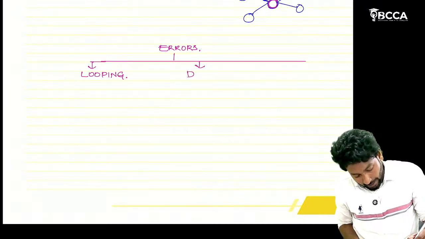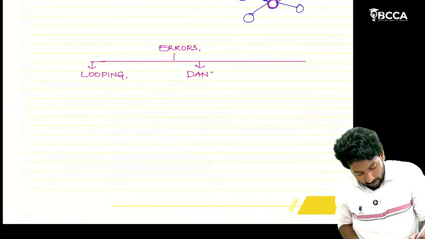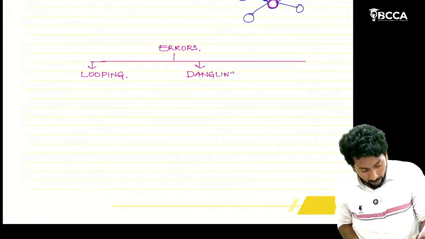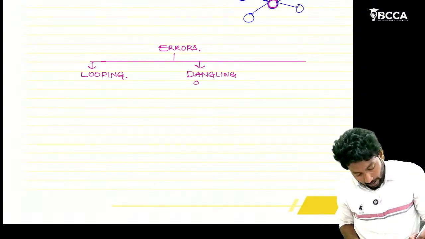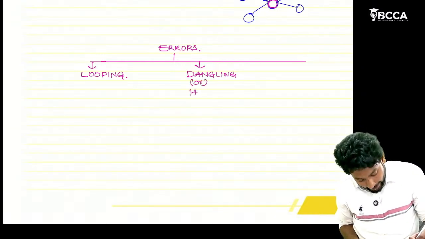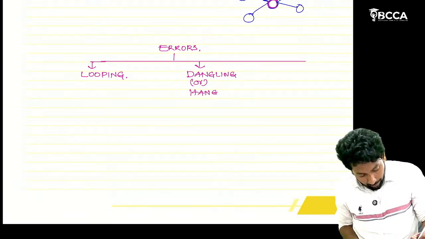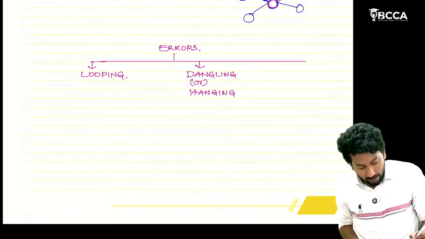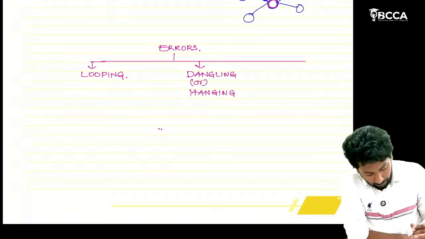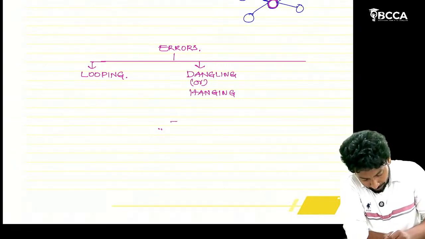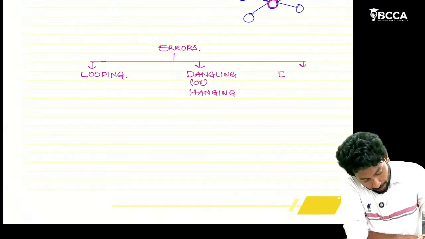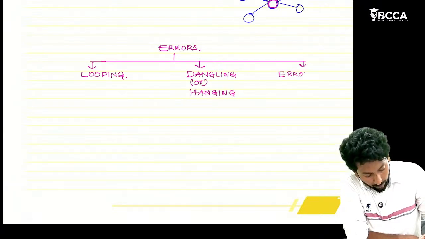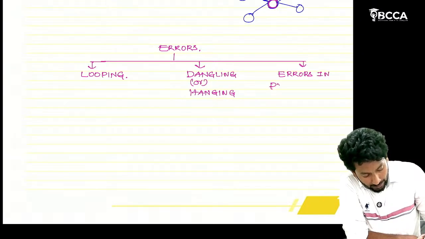Second one is dangling error, or else it is also called hanging error. And last one is errors in preceding and succeeding activities.